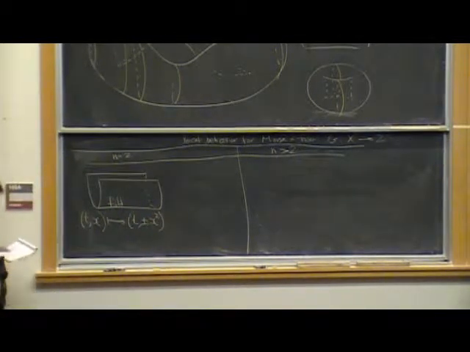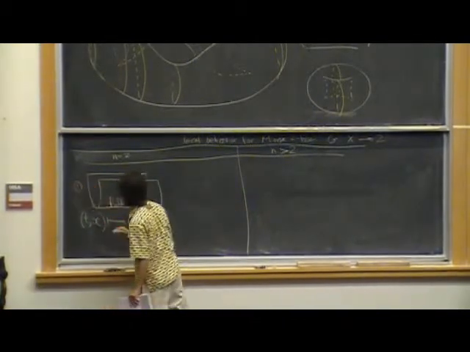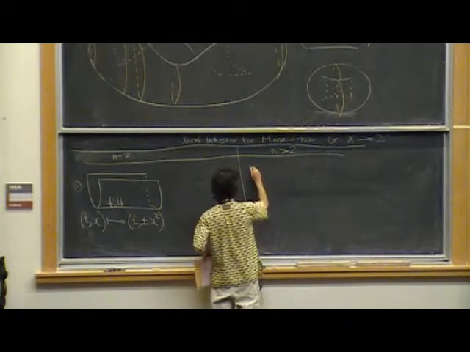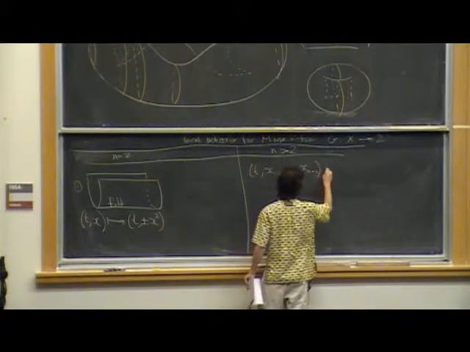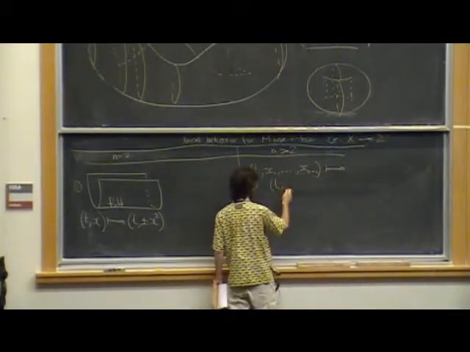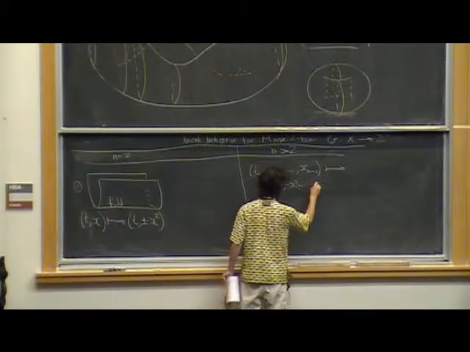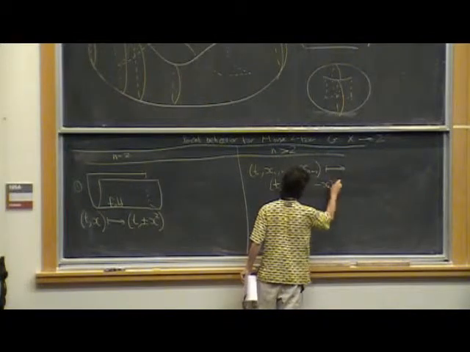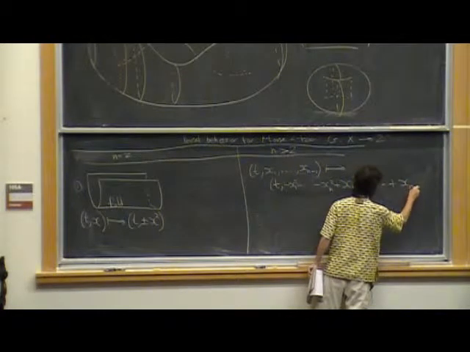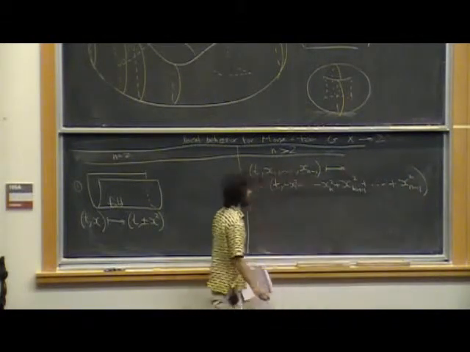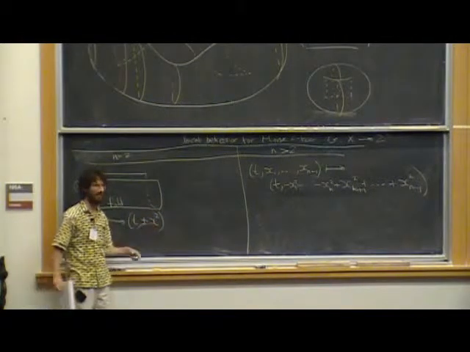That's one local model. The generalization of that is that (t, x1 up to xn minus 1) maps to t and then a sum of squares, minus x1 squared, the normal Morse critical point, up to minus xk squared plus xk plus 1 squared, up to xn minus 1 squared.